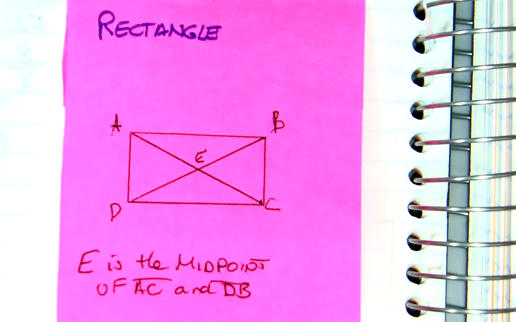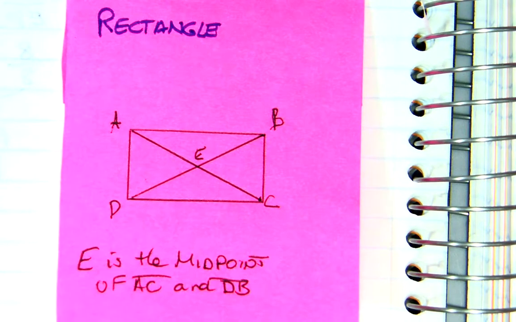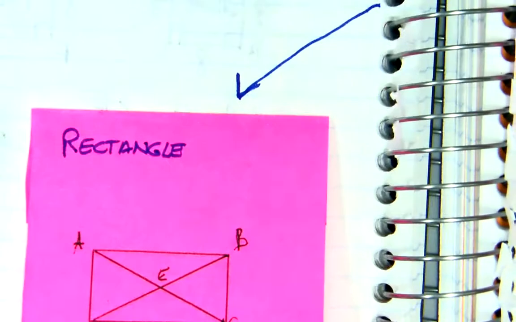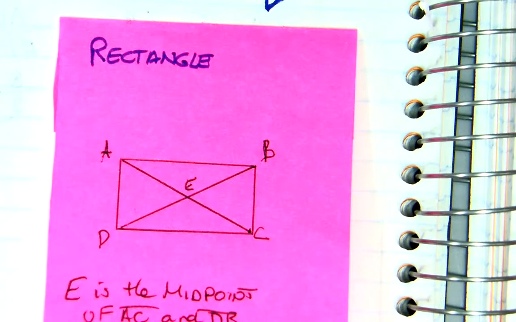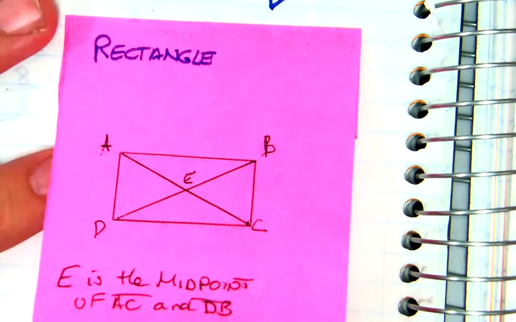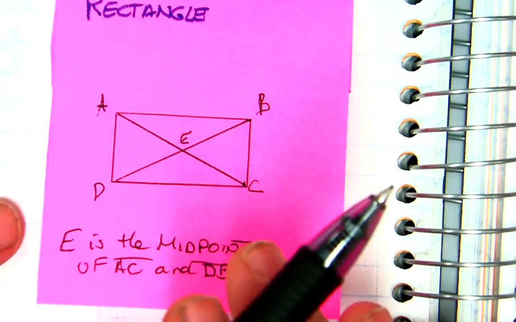And now I have my special characteristics. The nice thing is, since the rectangle is a direct descendant of the parallelogram, I can say this. Are we okay with this picture to start with?